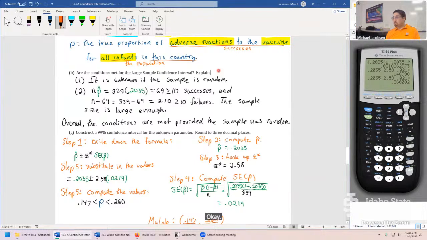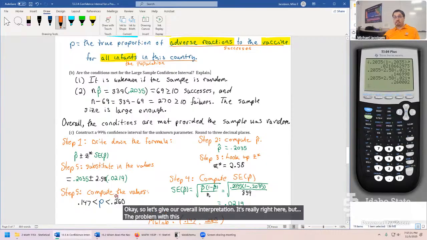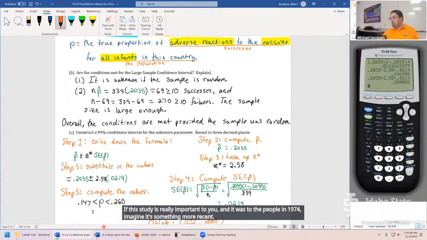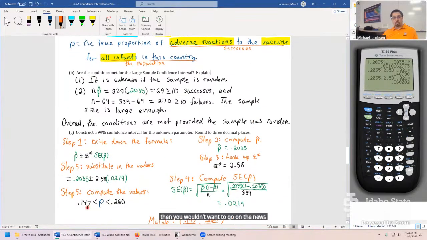Okay, so let's give our overall interpretation. It's really right here, but the problem with this as a confidence interval is if you did this study, if this study is really important to you, and it was to the people in 1974, imagine it's something more recent, then you wouldn't want to go on the news and tell people, or write in, say, some news magazine or a blog or anything like that, that with 99% confidence, 0.147 less than P less than 0.260, because then people will think that you've lost your mind.